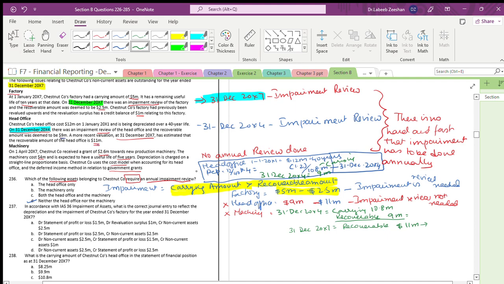Because 11 million is more than 10.8, and 11 million is more than 9. The recoverable amount is more than the carrying amount. If the recoverable amount is more than the carrying amount, definitely an impairment review is not needed.